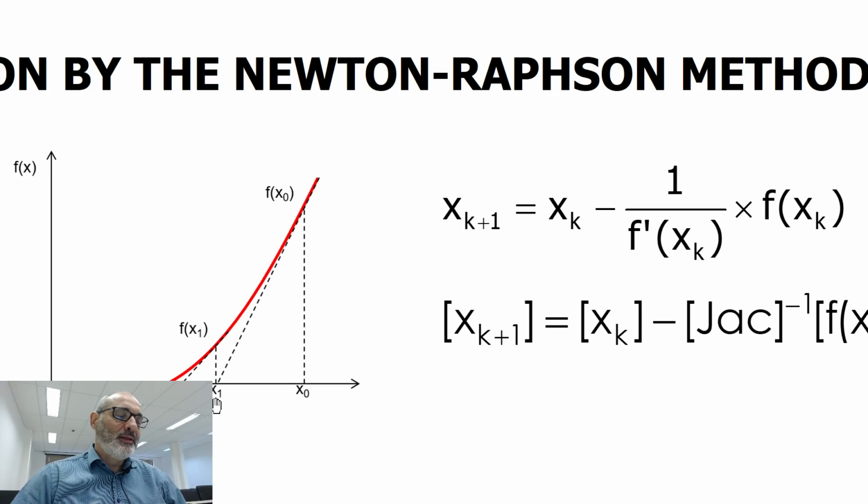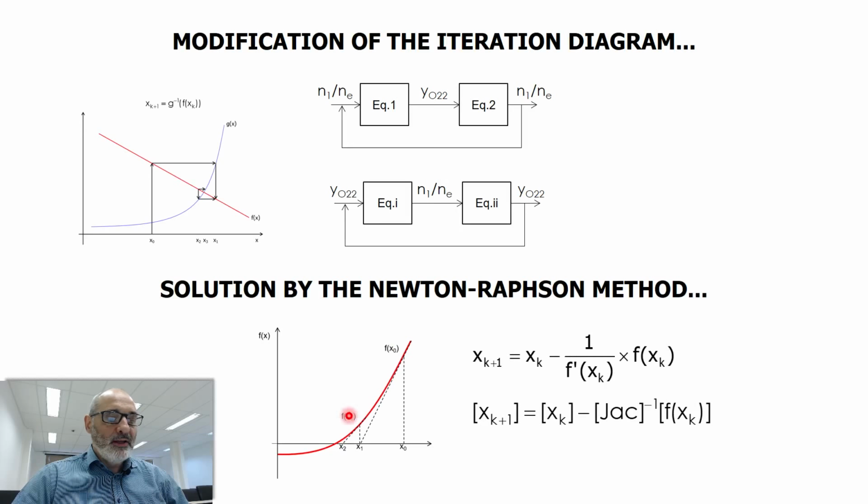Then you repeat the process. Calculate f1, calculate the tangent straight line, and the root of the straight line is your next x. So it's a very simple method.